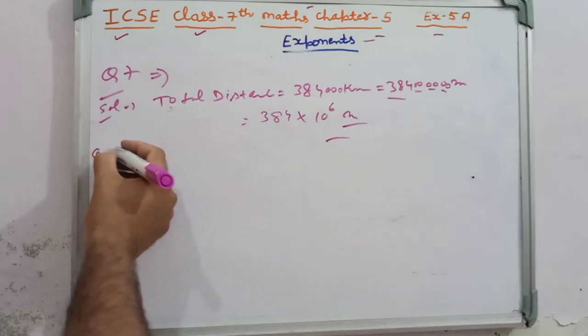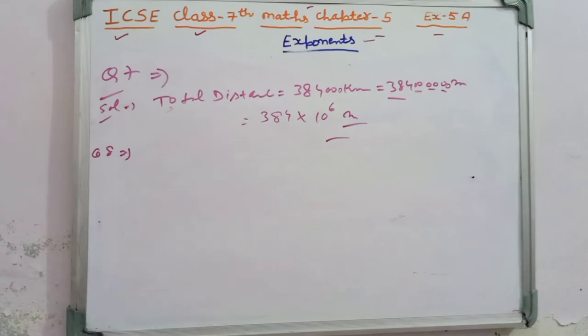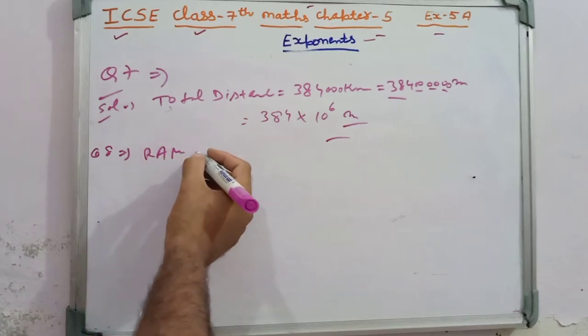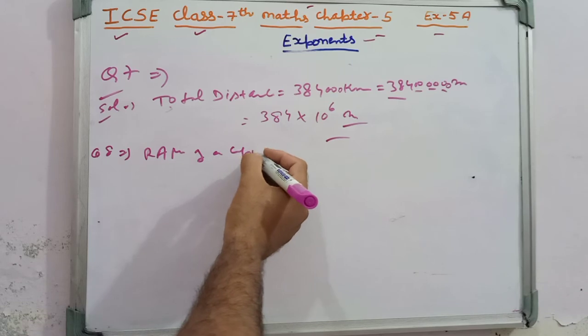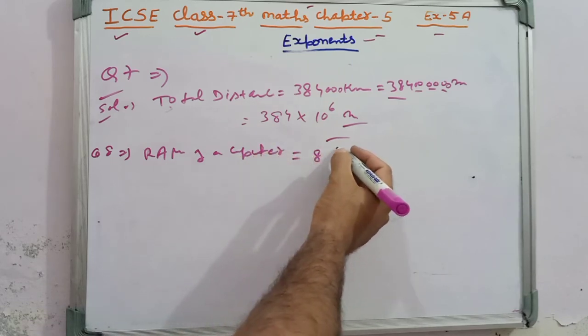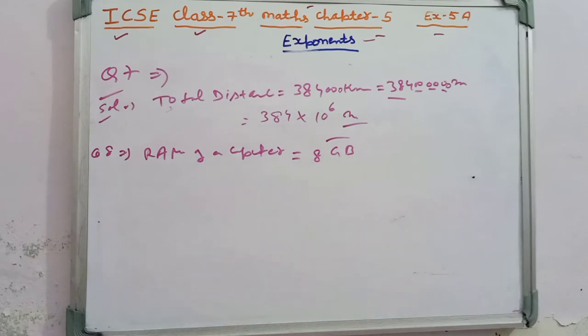Question number 8. RAM of a computer is 8 gigabytes. If each gigabyte is equal to 10 raised to power 9 bytes, then express the RAM in bytes. We have to express the RAM in bytes. So RAM, random access memory of a computer, is equal to 8 gigabytes.